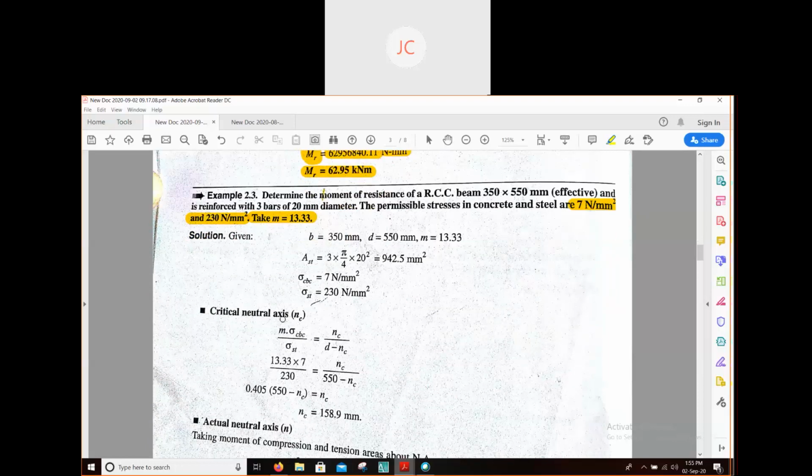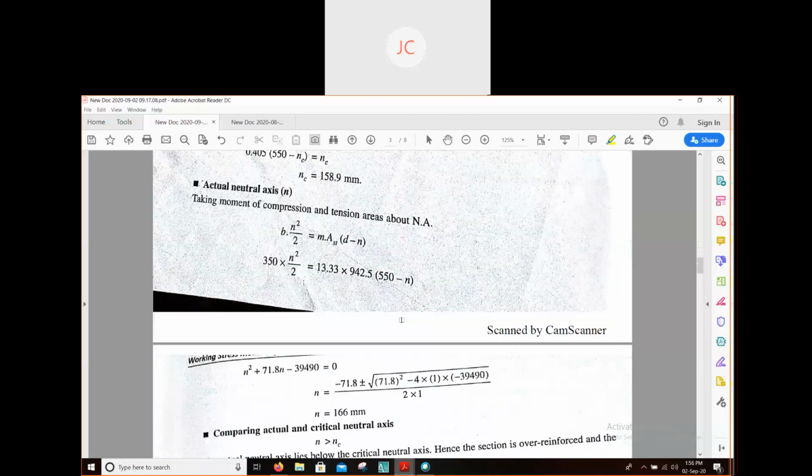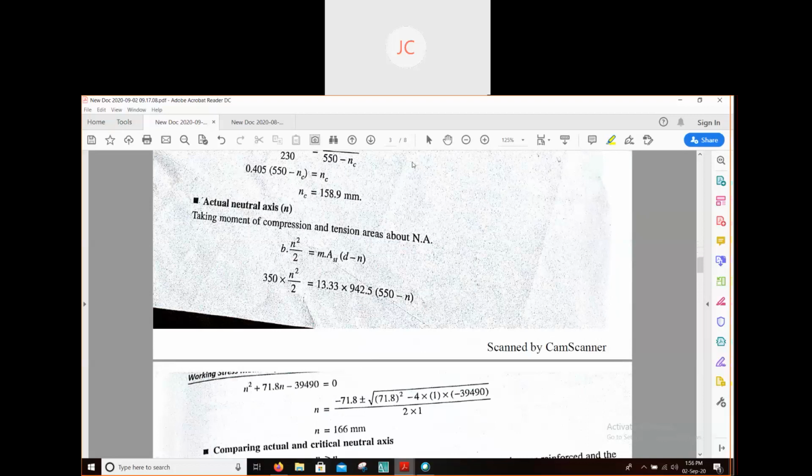Then we have to find out nc by this formula, then the actual neutral axis by this formula. Then we have to compare the values. If you compare the values, 159 and 166, the actual neutral axis is 166 and the critical neutral axis is 159. So the actual neutral axis is greater than the critical neutral axis.